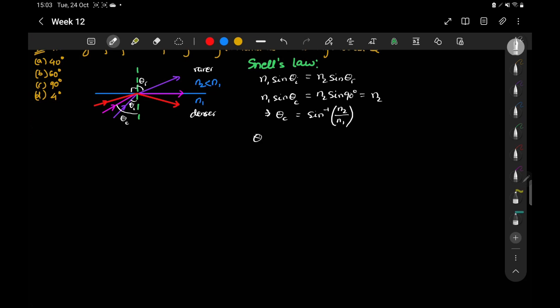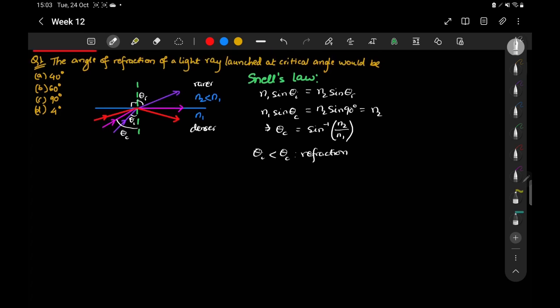Now, if theta I is less than theta c, then we see refraction, the purple ray. If theta I equals theta c, then this is the case of critical angle, and the refraction angle is 90 degrees. This is the pink ray.